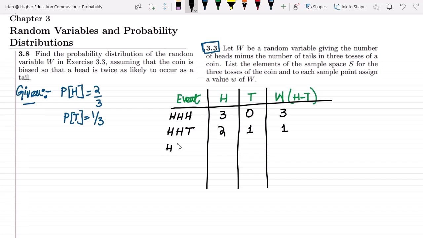Similarly, heads, tail, heads, again 2 heads, 1 tail, so 2 minus 1 is 1.